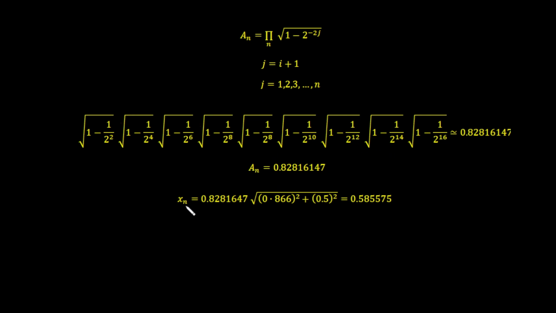Now the value of our xn is going to be given by the gain factor times the root of x naught squared plus y naught squared, and that gives us a value of 0.585575. So let's have a look in the graphical calculator and see whether we get this value.